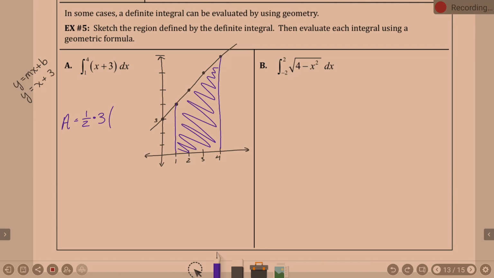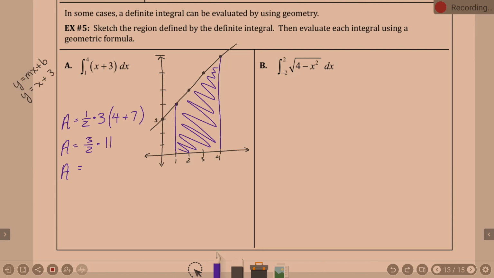What are my bases? 4 and 7. So 4 plus 7, which is 11. 3/2 times 11.